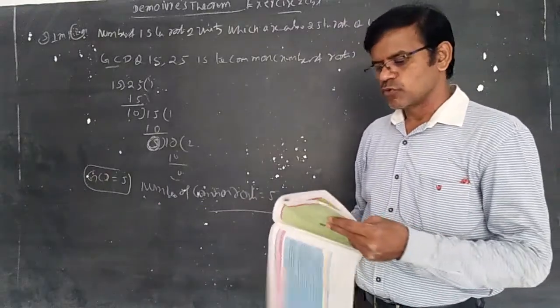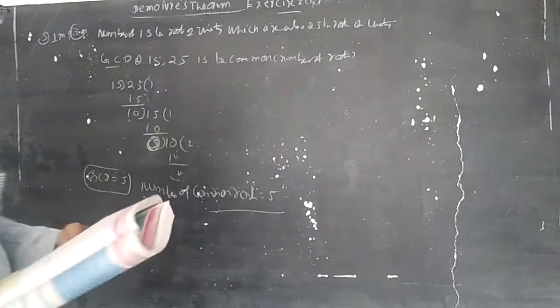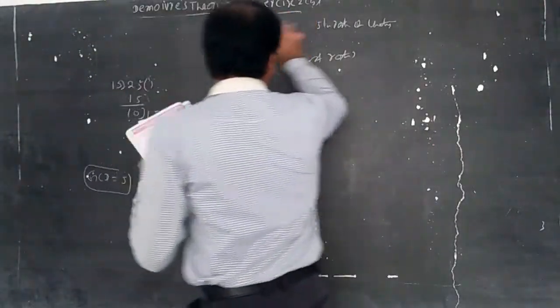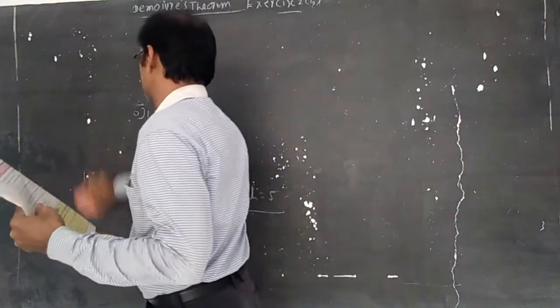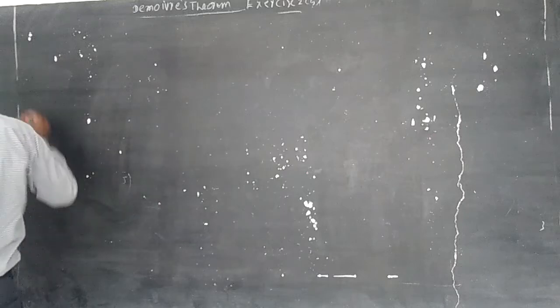Now, fourth question. If the cube roots of unity are 1, omega, omega square, find the roots of x minus 1 whole cube plus 8 is equal to 0.